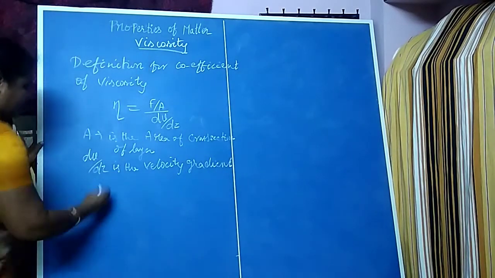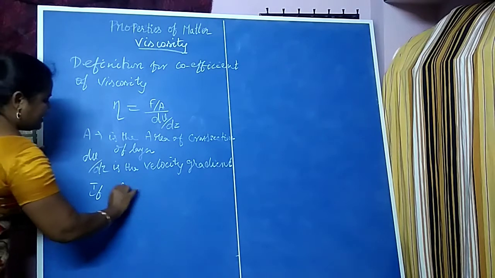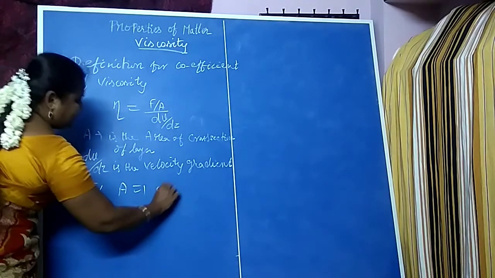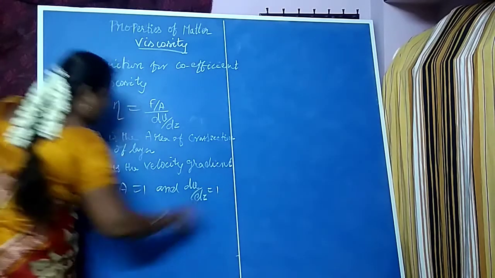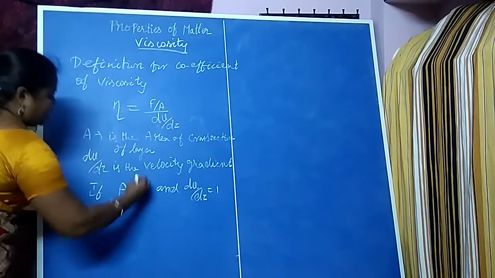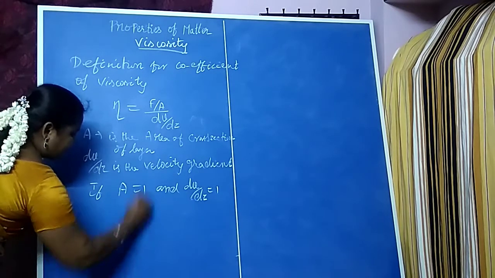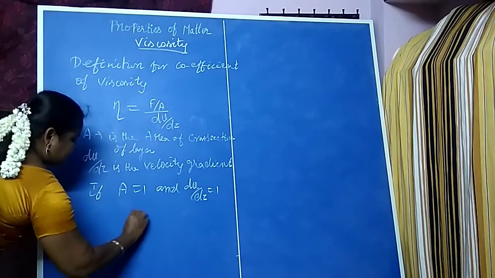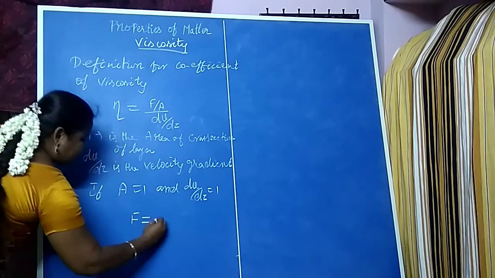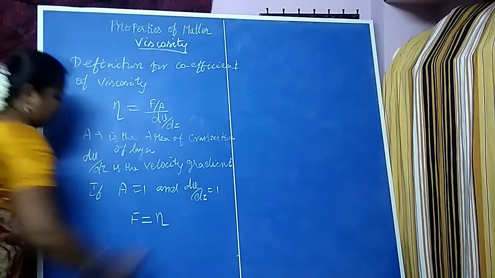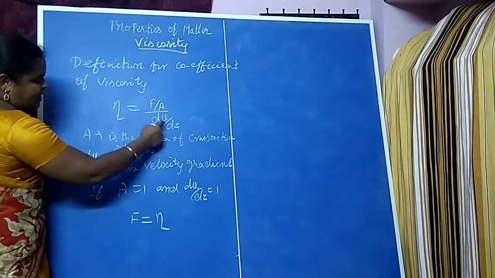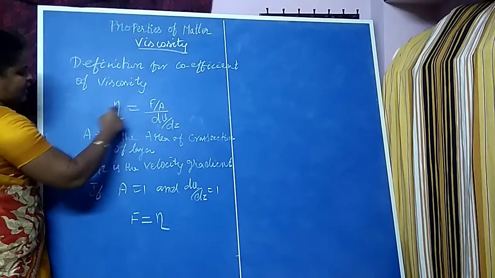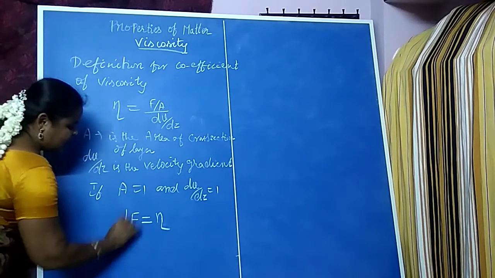If A equals 1 and the velocity gradient dv by dz equals 1, then the tangential force, that is the viscous force, is equal to the coefficient of viscosity eta. If you put A equal to 1 and dv by dz equal to 1, we get F equal to eta.